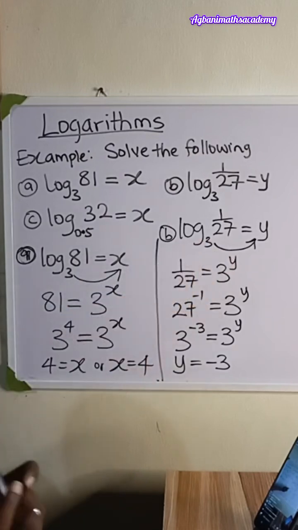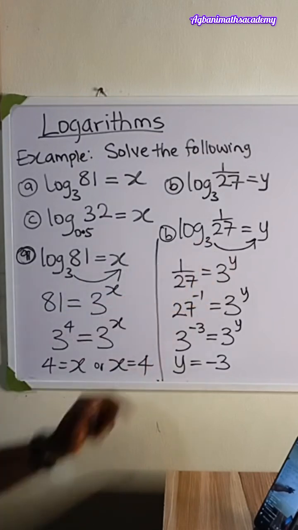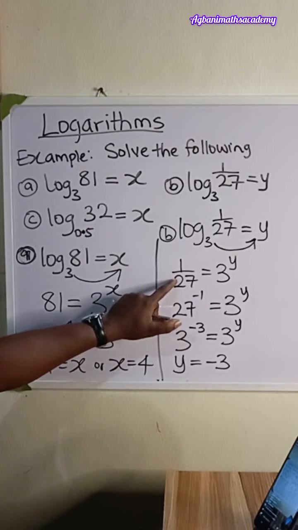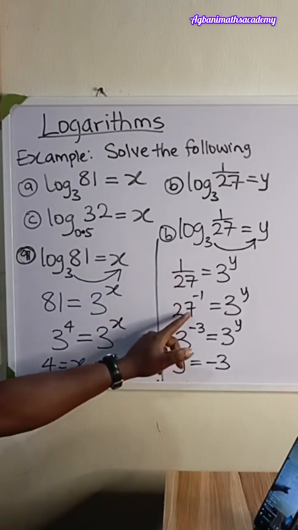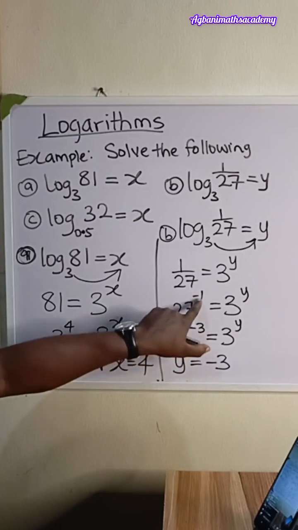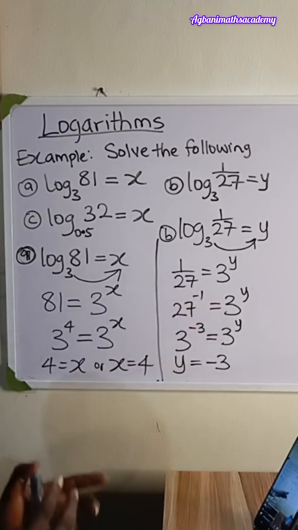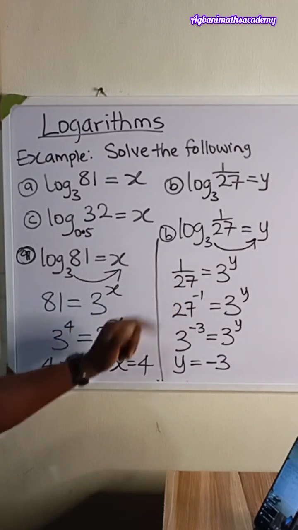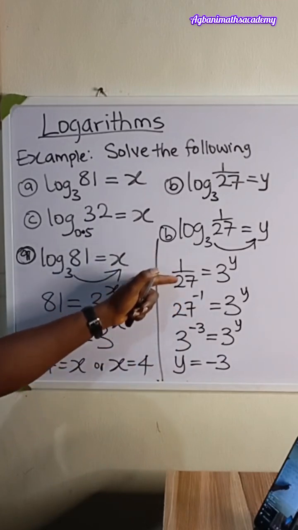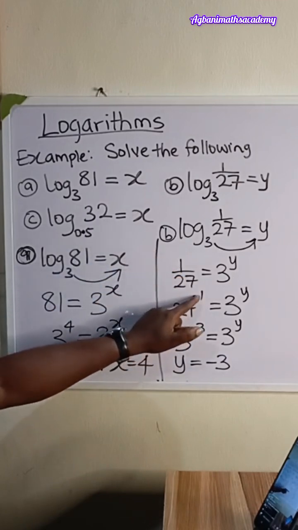So we now have 1 over 27 is equal to 3 to the power of y. From what we learned in indices in our previous classes, when you have 1 over any number, if you want to write that in index form, it will be that number to the power of a negative exponent. A negative exponent means 1 over that base, okay? So we have 1 over 27 is equal to 27 to the power of minus 1.